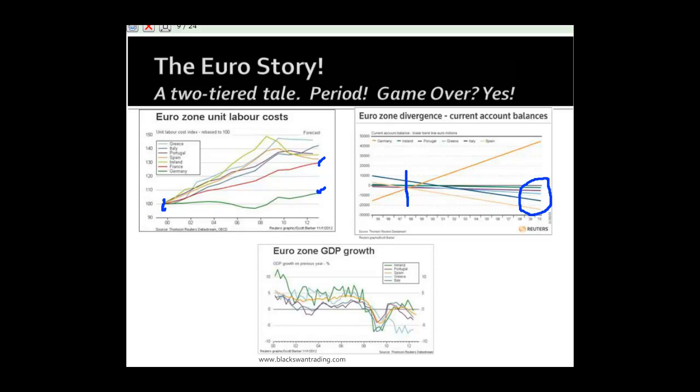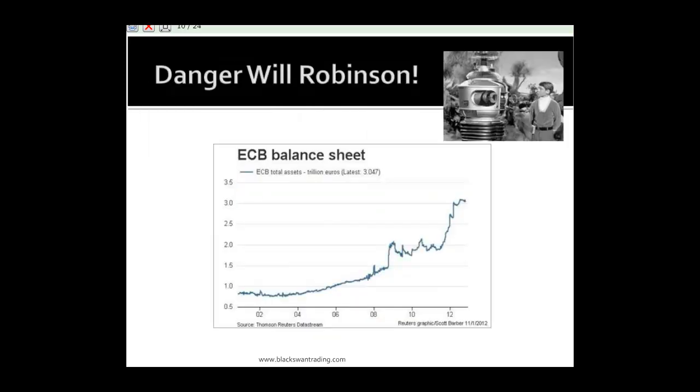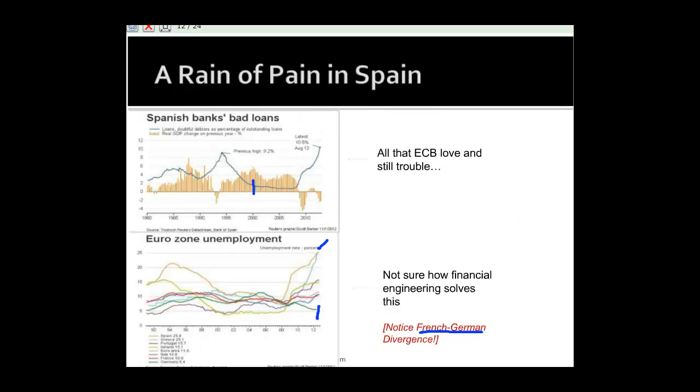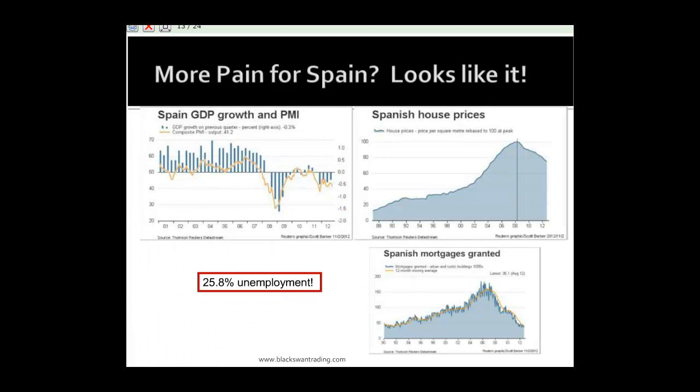But the reality is Germany is now pulling away from France in terms of its economic efficiencies, and we know France is turning more and more socialist. So as the two big countries in Europe continue to diverge, this will create even more pressure on the zone, and it goes back to the competitiveness problem that hasn't been solved.